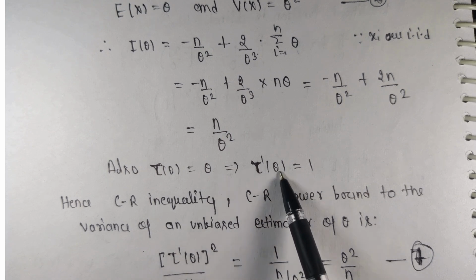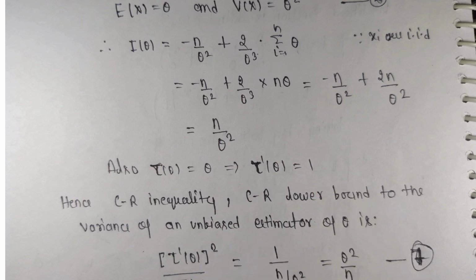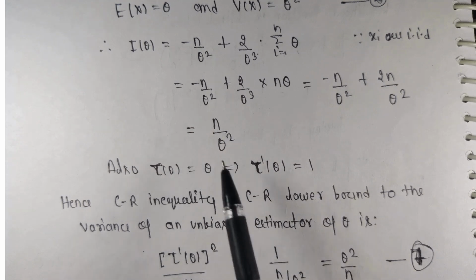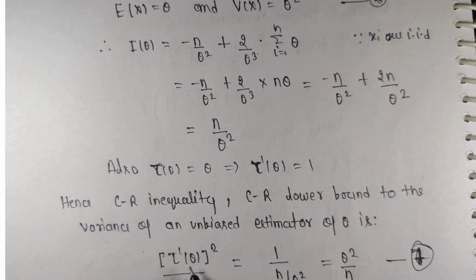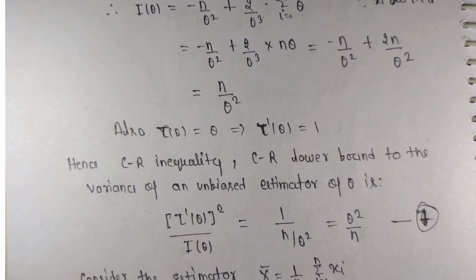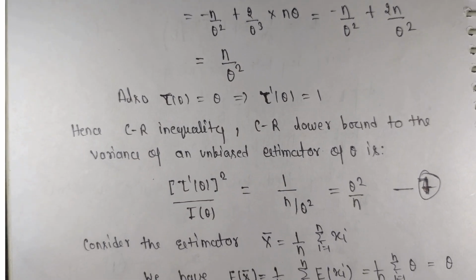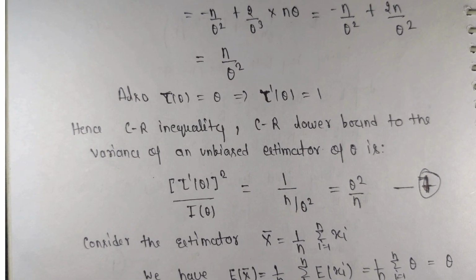We know that tau dash theta is 1 and I(theta) is n upon theta square. So simply putting in these values, we get the lower bound of variance of an unbiased estimator as theta square by n. This is equation number 7. You can see here, this is the lower bound of variance of an unbiased estimator of theta.